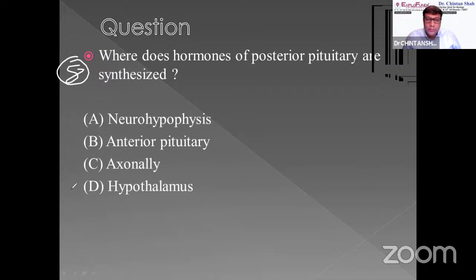So where are these hormones of the posterior pituitary synthesized? And if I write not synthesized, but how it is secreted, then what will be your answer?